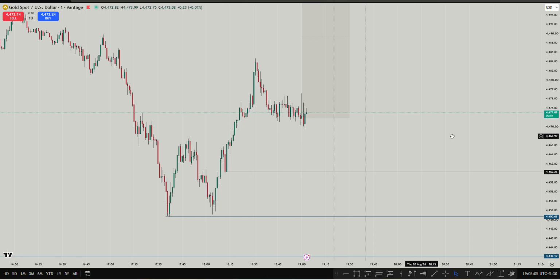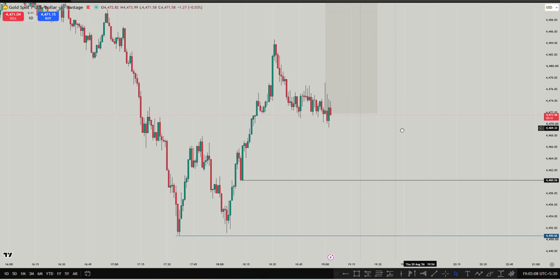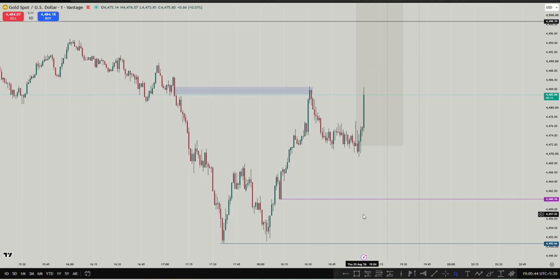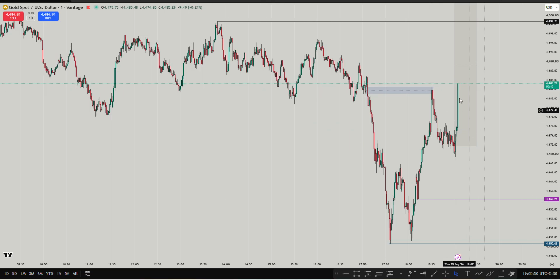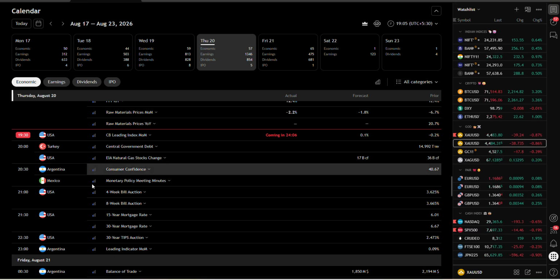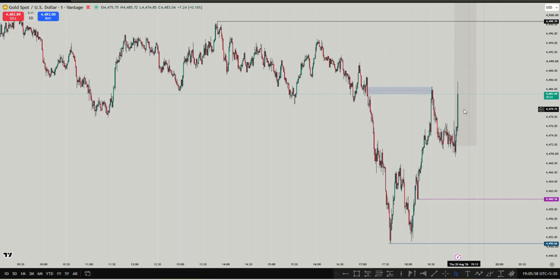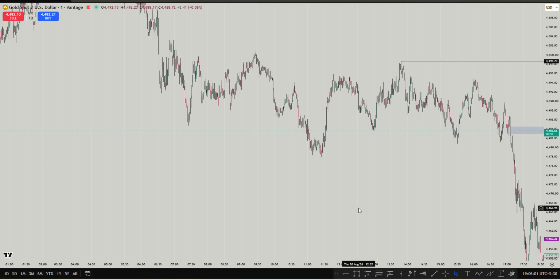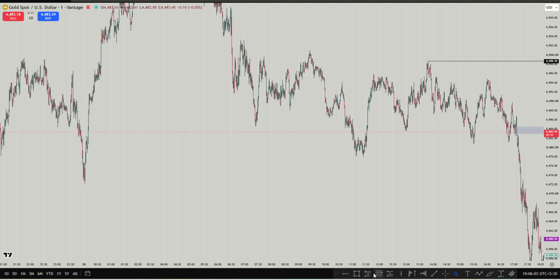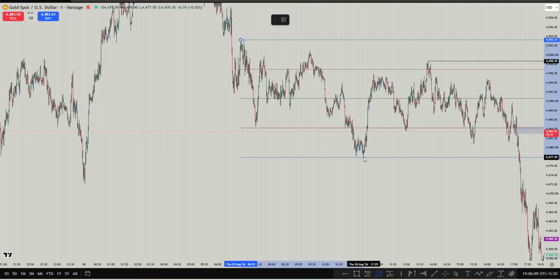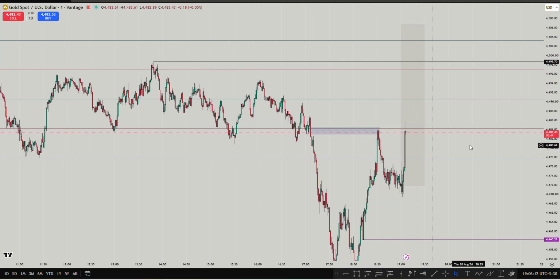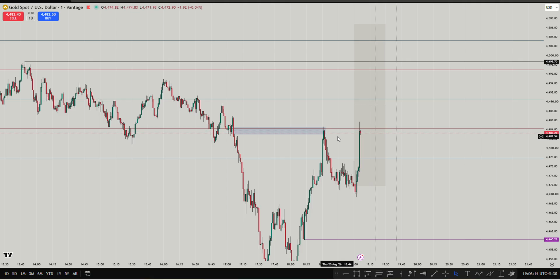Now let's see what happens next. This is not something I want to see, this type of candle. We don't have any news, but what is that? This is not something that supports our idea.